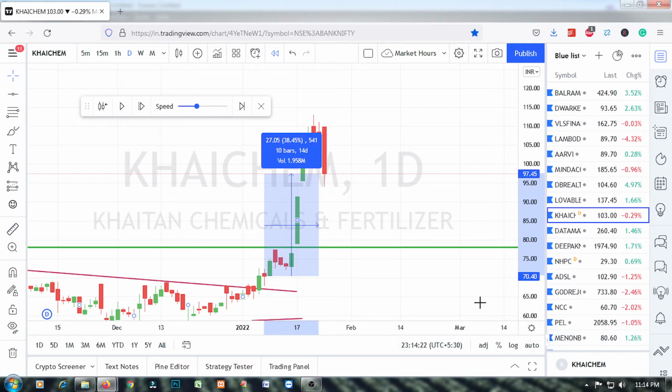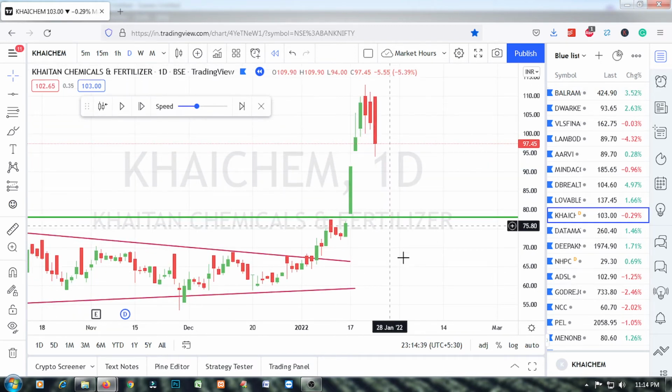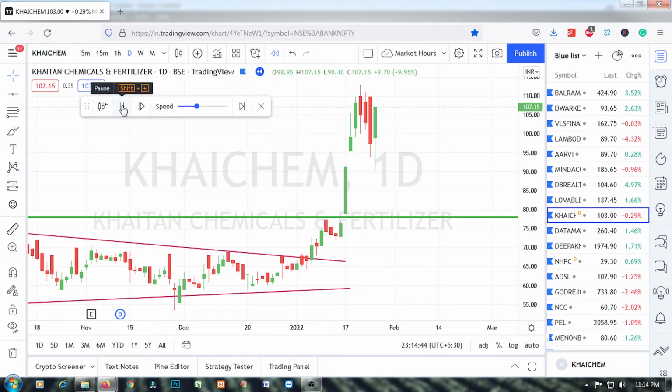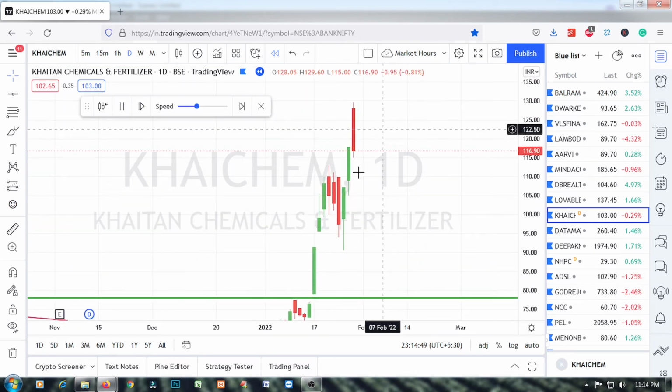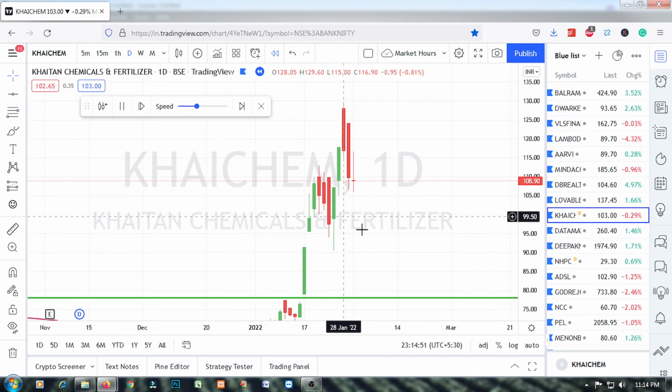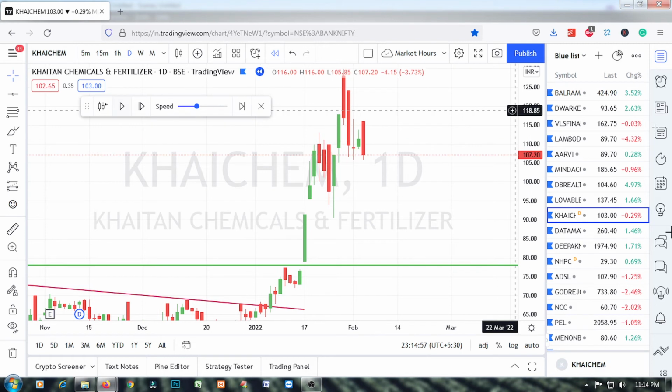If you follow these candlestick patterns, the stock has given 38.5% return in just a matter of 1 week to 10 days. Now let us look at the further price action, how it has gone up. On the next day it has given very good returns, but no problem. You have exited over here at 97.45.